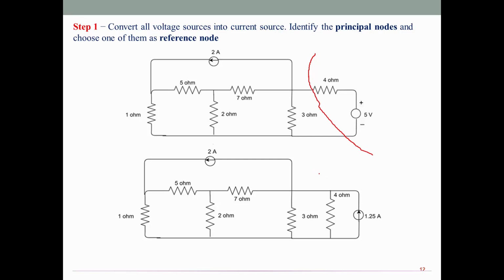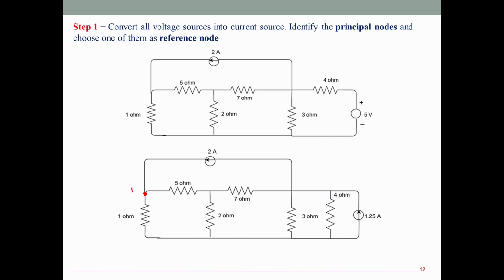A voltage source in series with a resistor has been replaced by a current source in parallel with the resistor. The resistor value you copy as it is, but the current value I is equal to V by R, where V is 5 and R is 4. So 5 by 4 is 1.25 amps, the current source.